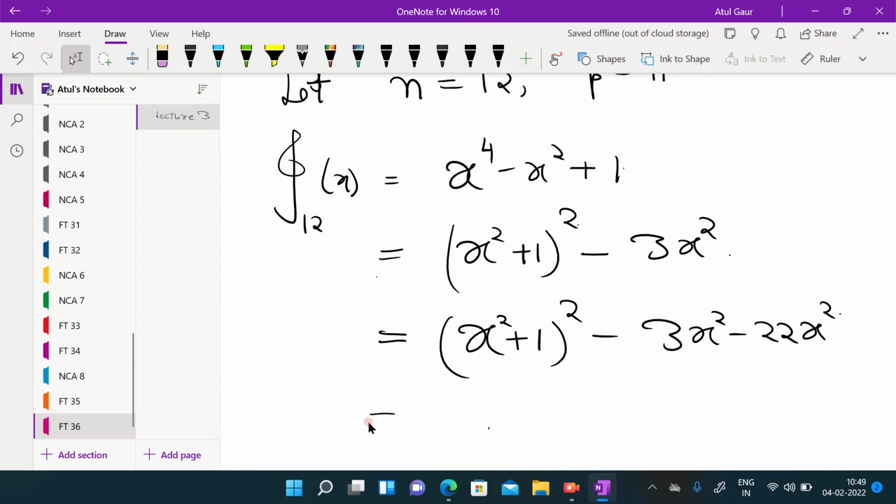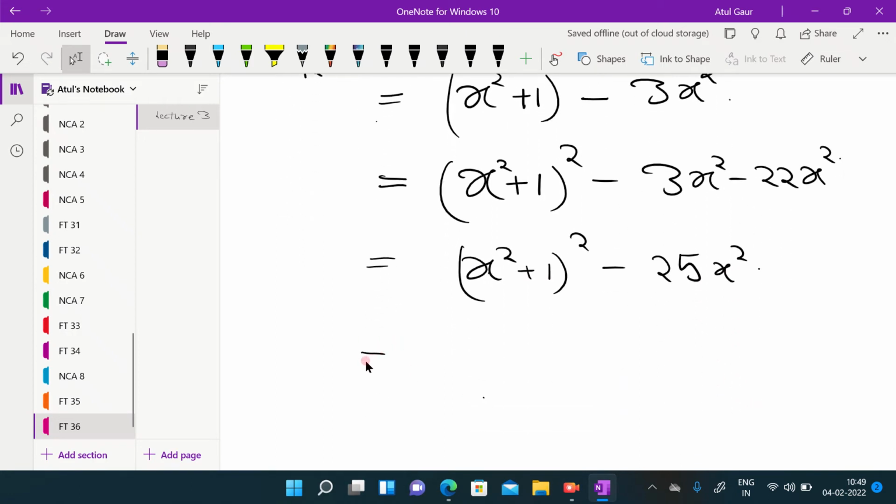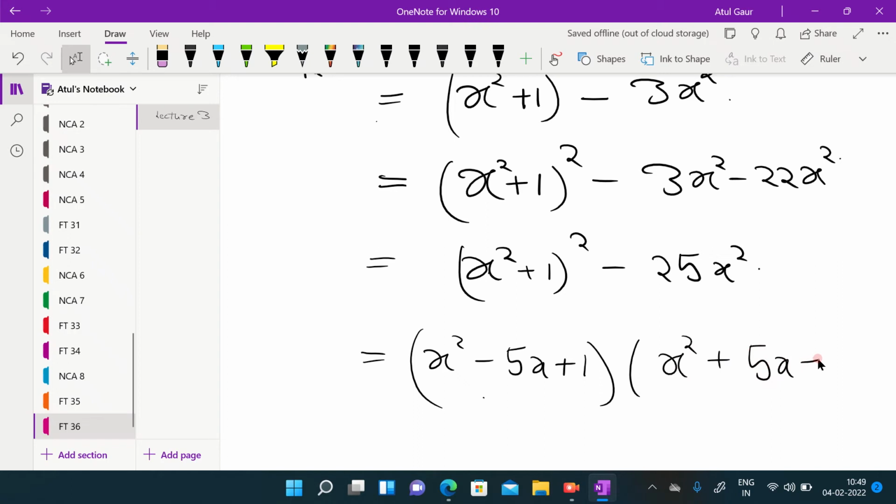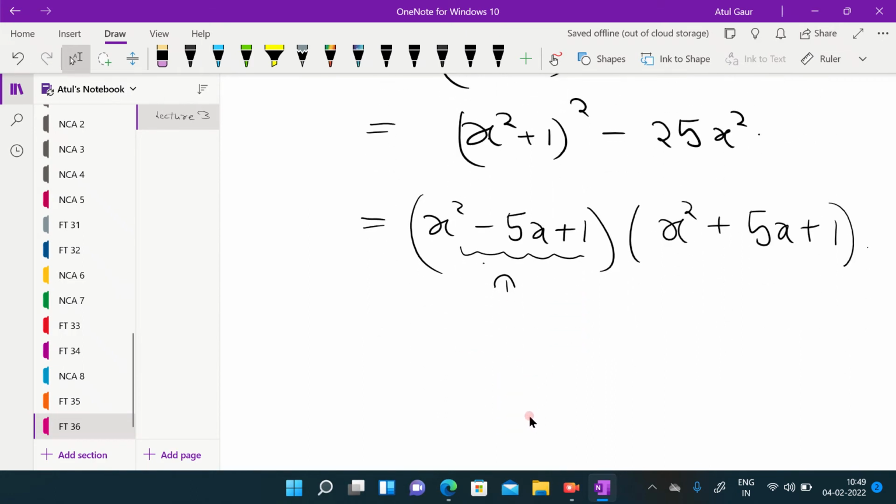So I can write this as minus 25x^2, and this is the same as (x^2 - 5x + 1)(x^2 + 5x + 1). And this factorization, both factors are in F11, in Z11.